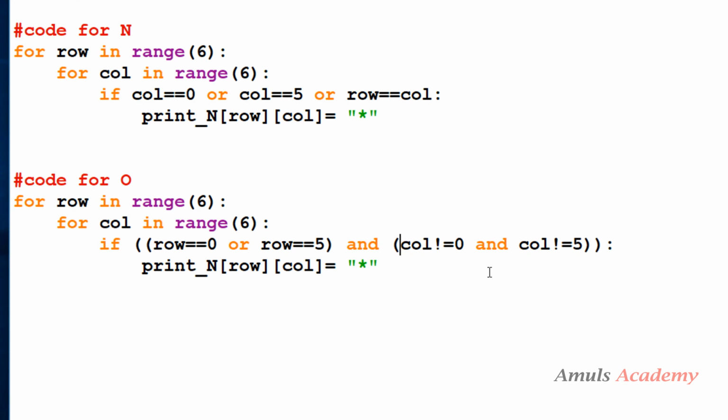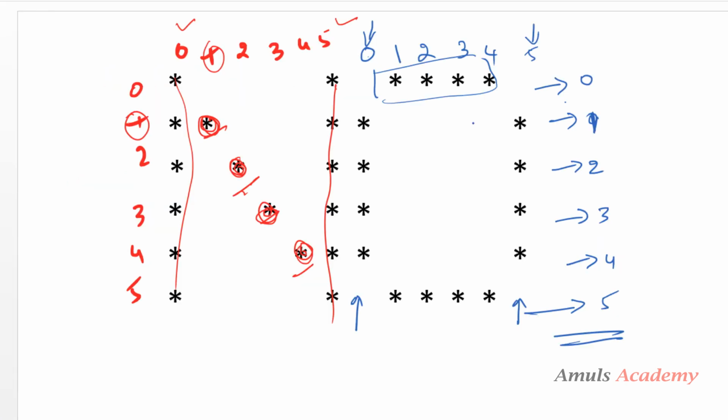I already made a video on how we can print stars in O shape, and I'll give you the link in the description box. You can go and check. I want stars here in column 0 and column 5, but I don't want a star here in row 0 and row 5.